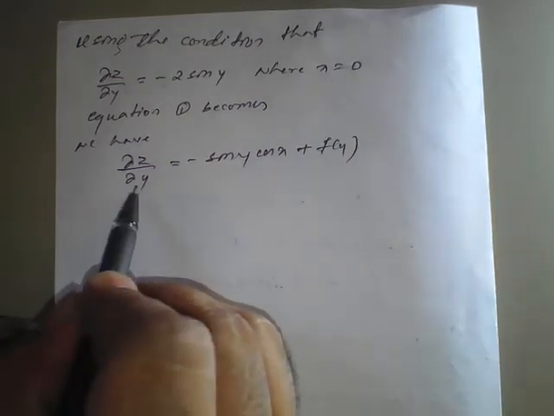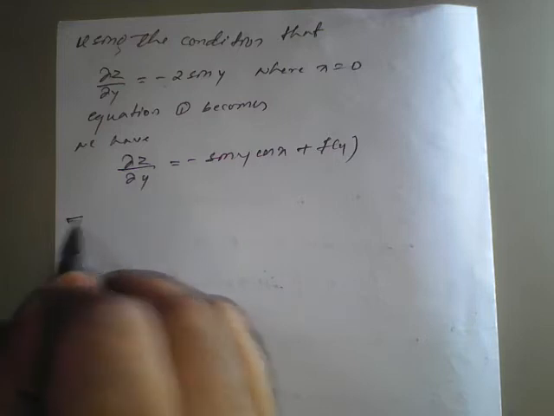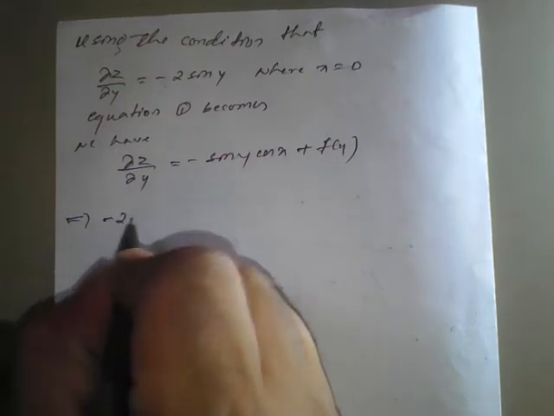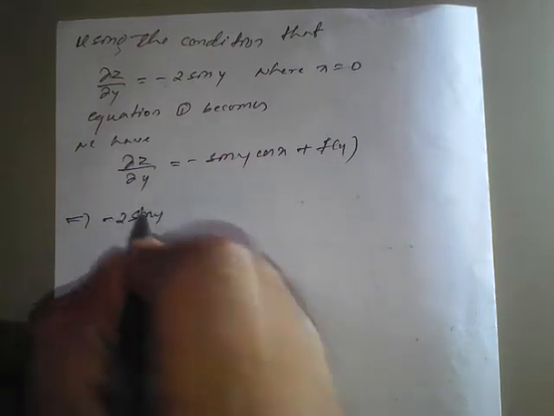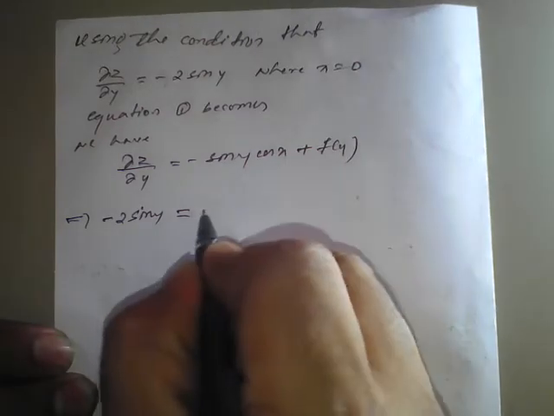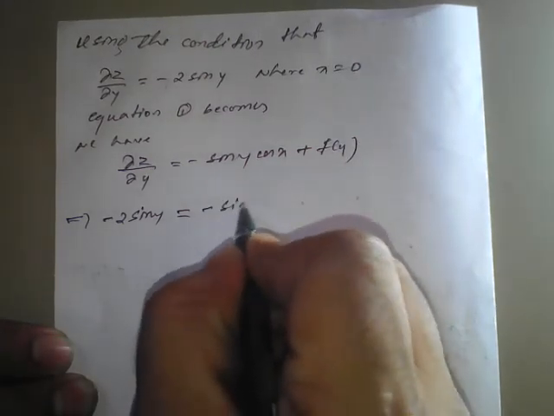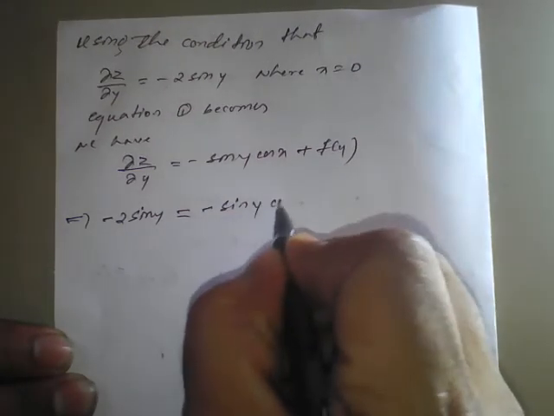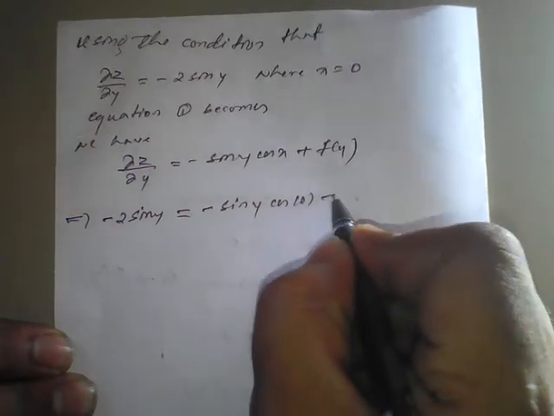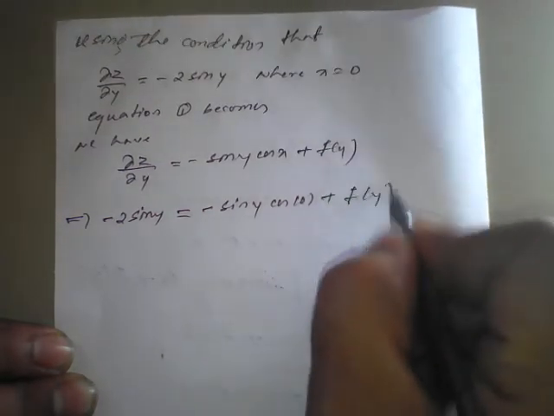So it becomes minus 2 times sin y is equal to minus sin y cos of 0 plus f of y.